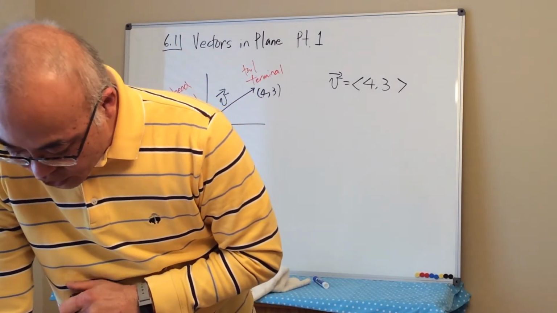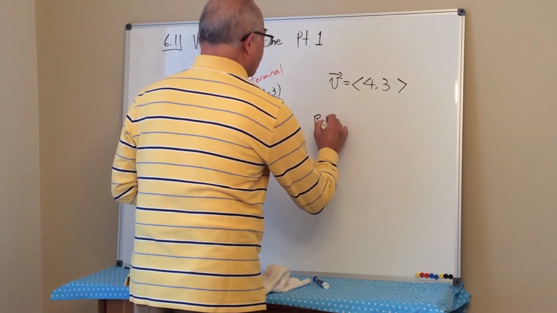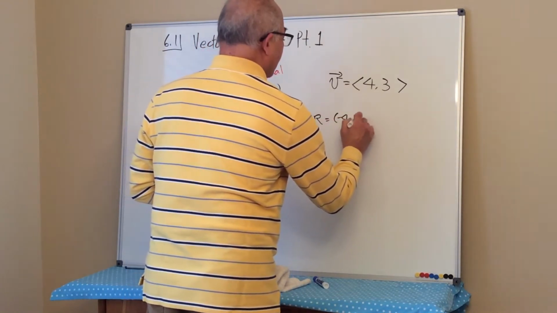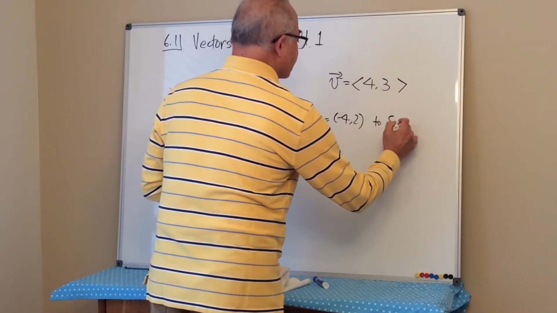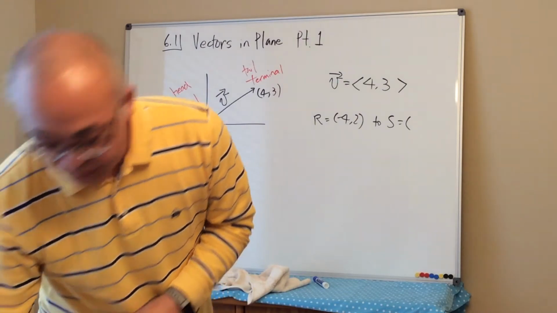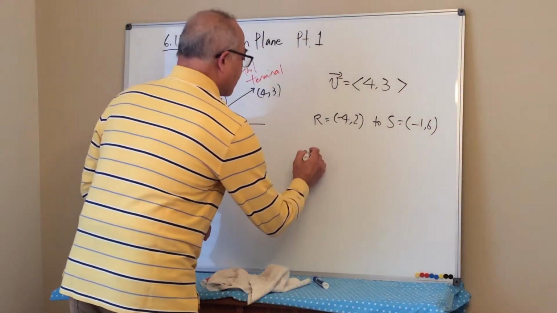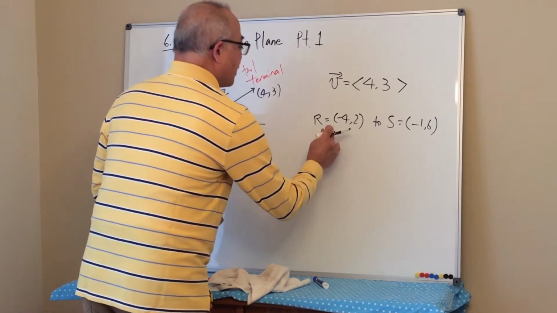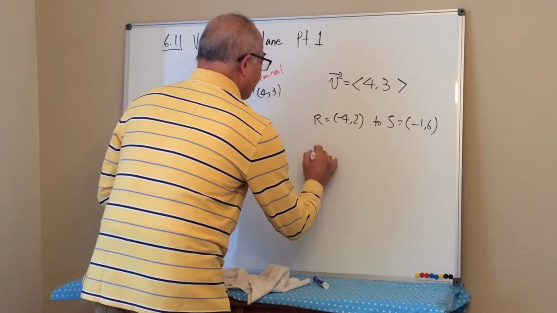In example number 1, r is -4, 2, and s is -1, 6. The vector from here to here, we'll call that vector a.